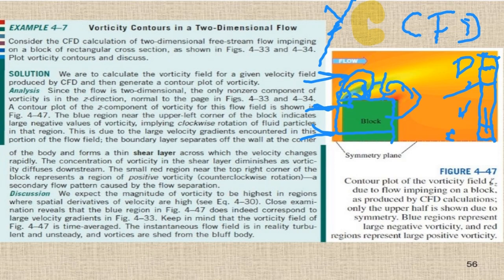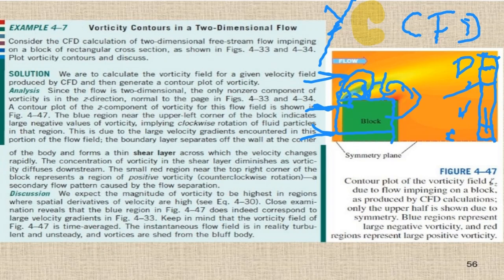So this is just the interpretation of a solution of a CFD problem about the flow around a block. Only half of the block is taken because it's a symmetrical problem.